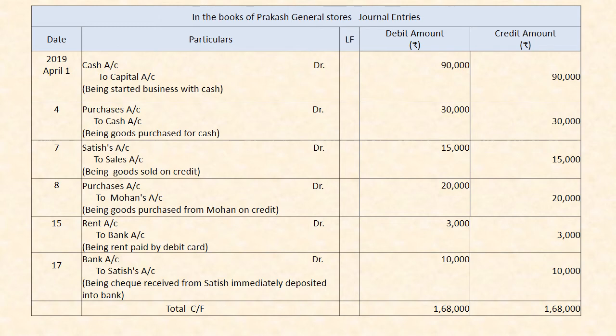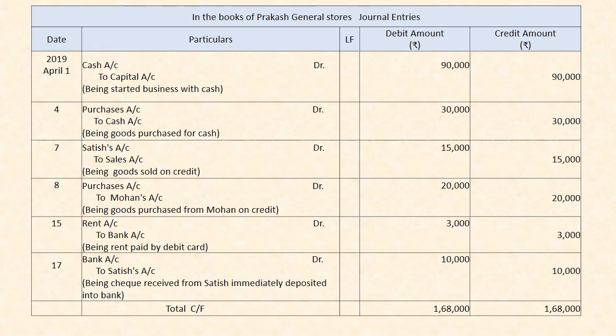Students, my one page of journal is completed. So I have taken total of debit amount and credit amount columns to check arithmetical accuracy of transactions. The total of amount columns is carried forward to the next page by writing the words total C/F means carry forward, or you can write carried down C/D in particulars column.